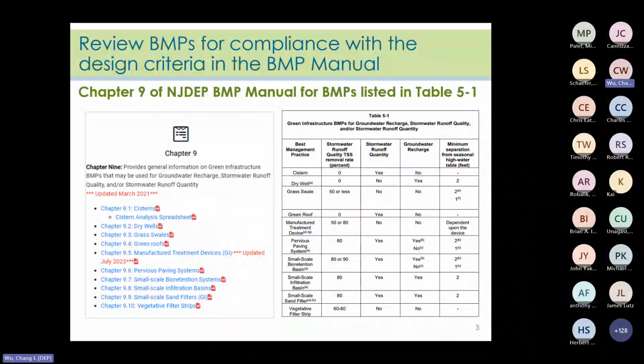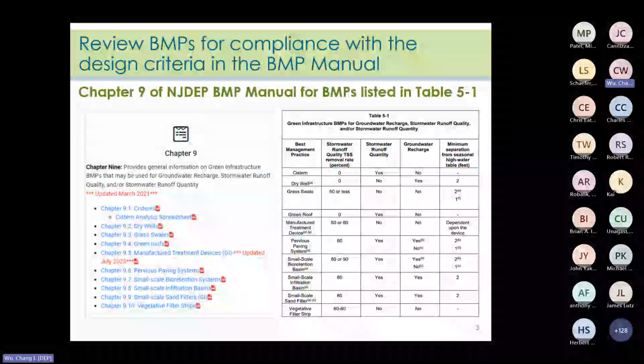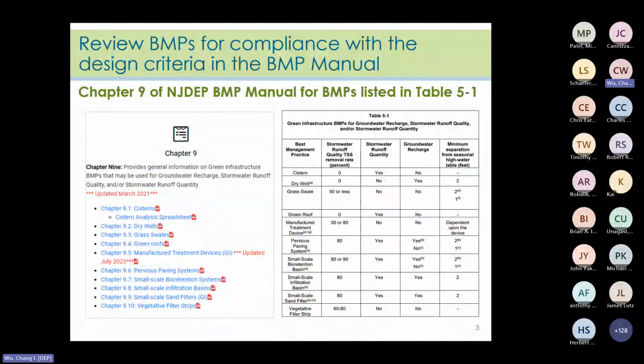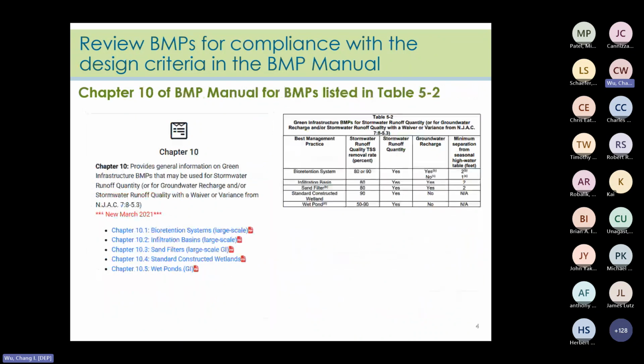I want to emphasize that in each subchapter of chapters 9, 10, and 11, there is a section titled Design Criteria. A BMP needs to be designed to comply with those design criteria in order to be recognized with its assigned TSS removal rate.